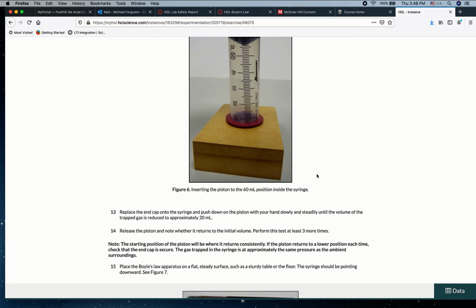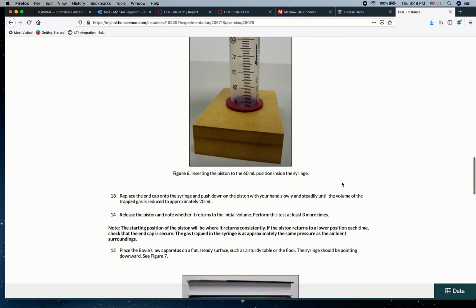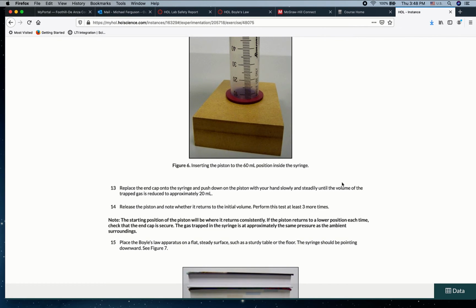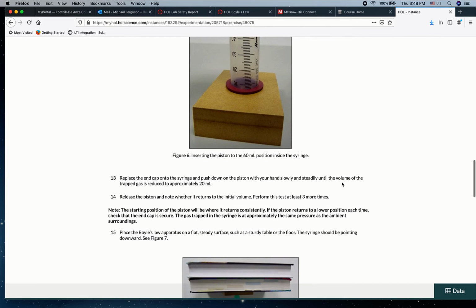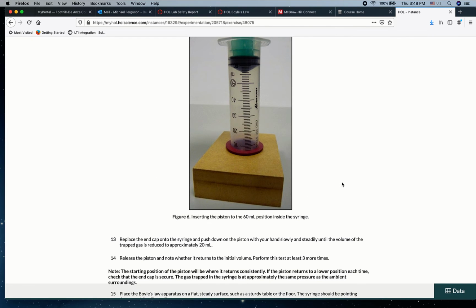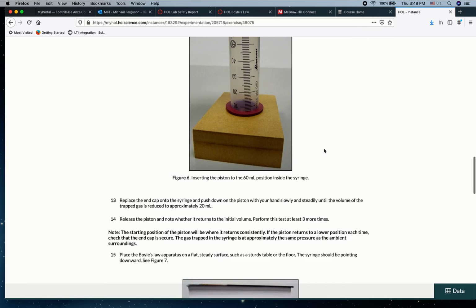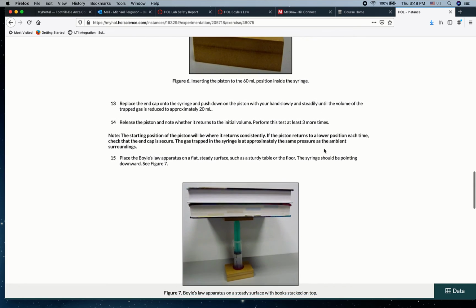We do this in my lab as well, and it usually works pretty well, as far as it doesn't move that much. There might be a leak somewhere if it does, but get the volume where it's at rest. Don't stick it at 60, and if it goes down to 50, don't consider 60 still to be the initial volume. Consider it to be 50, and do that until it doesn't move really anymore.